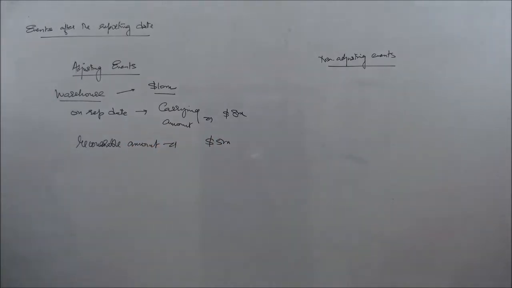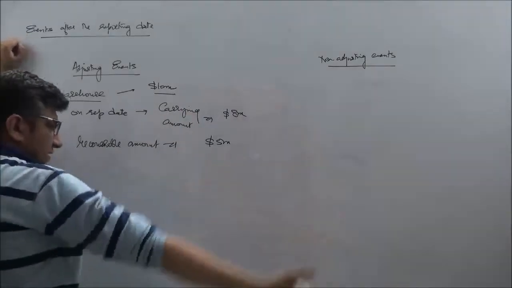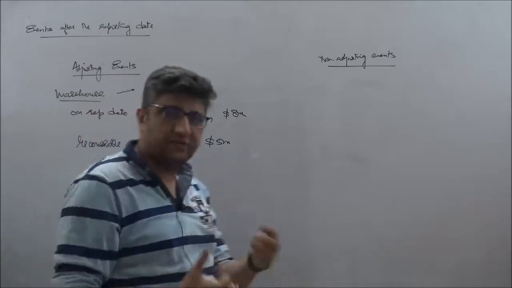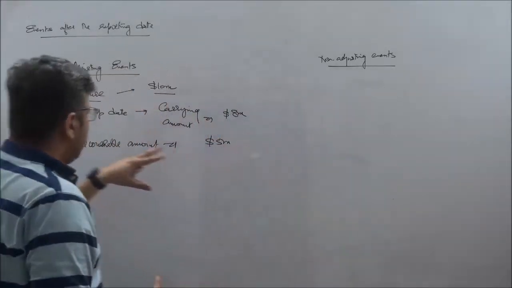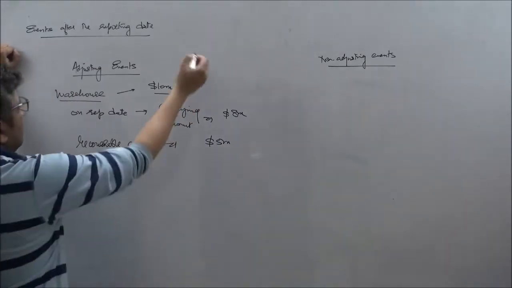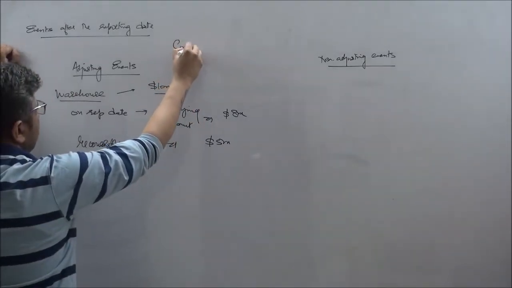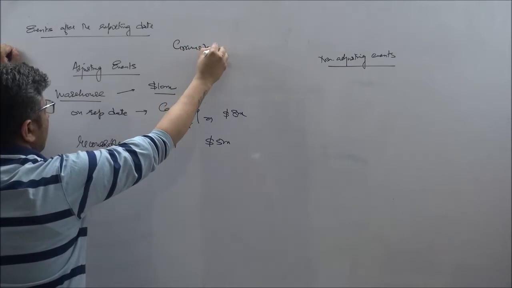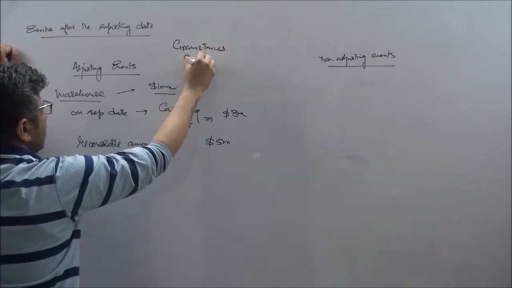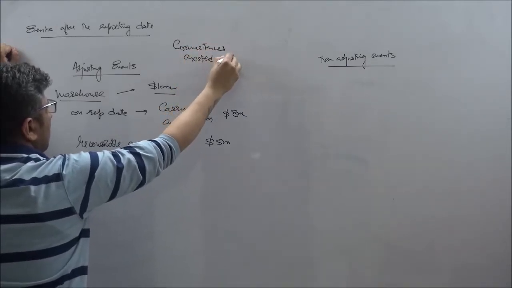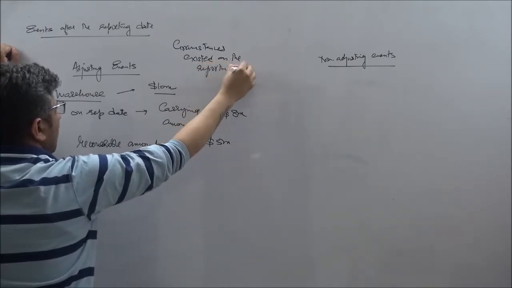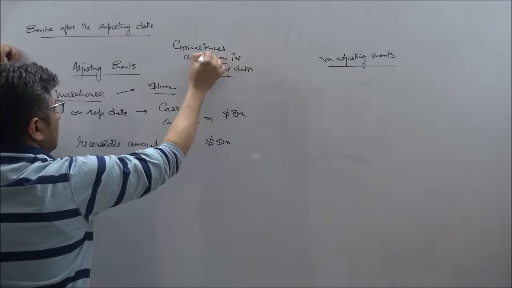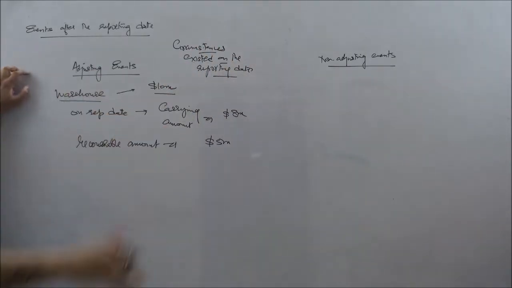Okay, so when I say I'm looking at this with respect to that inspection, that kind of maintenance, that kind of repairing going on, we say that the circumstances existed on the reporting date that something is going to happen.